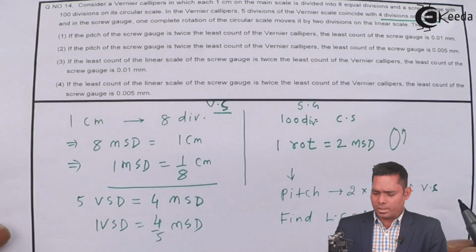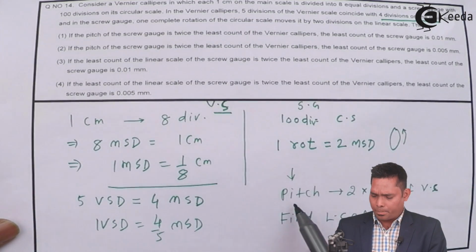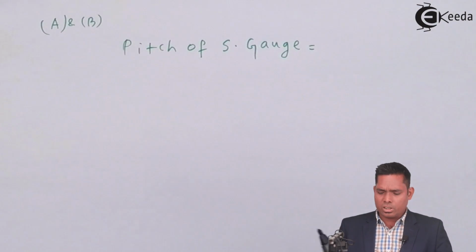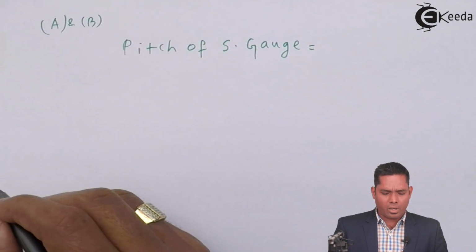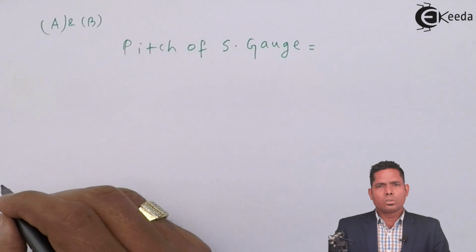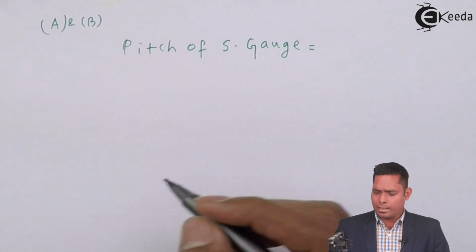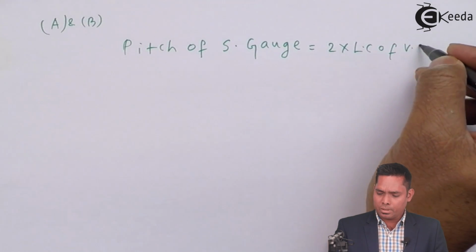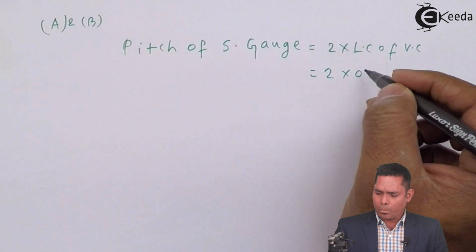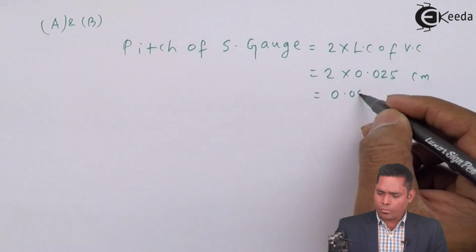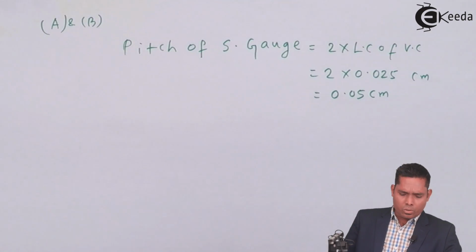The pitch of the screw gauge is given in the question, and it says that the pitch is twice the least count of vernier calipers. The least count of the vernier calipers we got right now was 0.025 centimeter. So 2 times 0.025 centimeter is 0.05 centimeter.